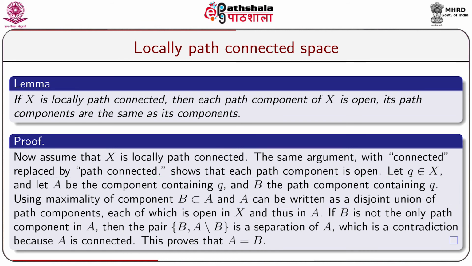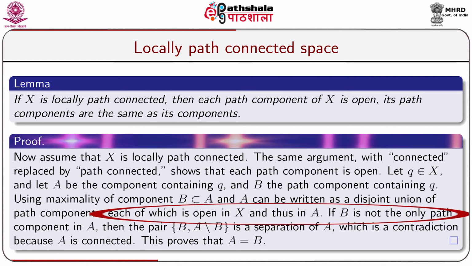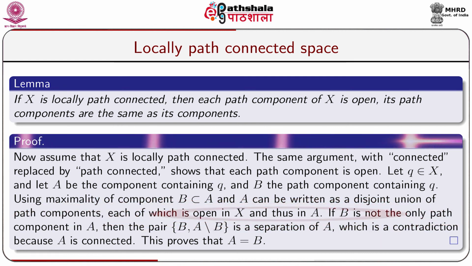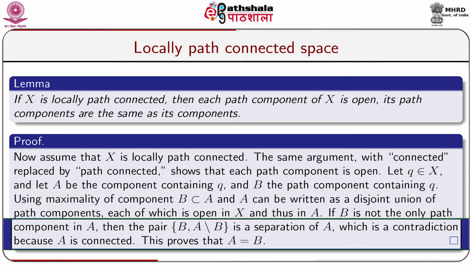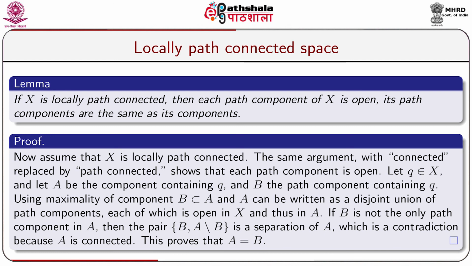Now, we know that B is a subset of A and A can be written as a disjoint union of path components, each of which is open in X and thus in A. If B is not the only path component in A, then the pair B and A minus B is a separation of A, which is a contradiction because A is connected. This proves that A is equal to B.